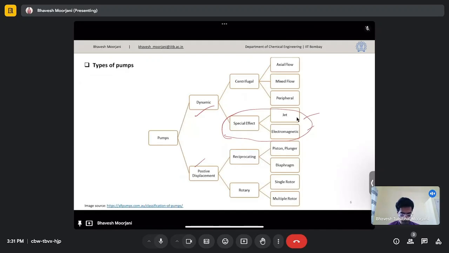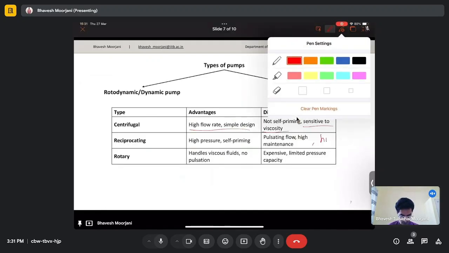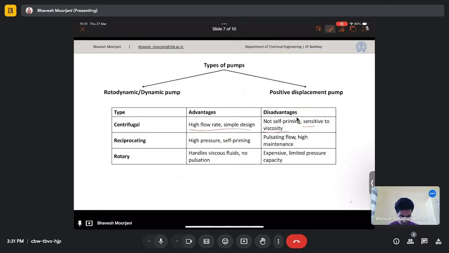They can be used for highly viscous fluids because the movement of fluid is done via positive displacement in the reciprocating pump. So they are generally used for higher viscous fluids, high pressure and self-priming.